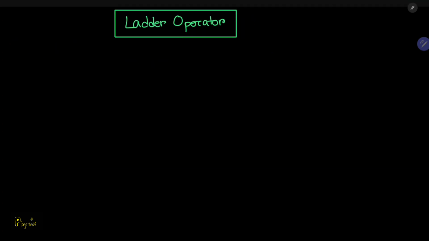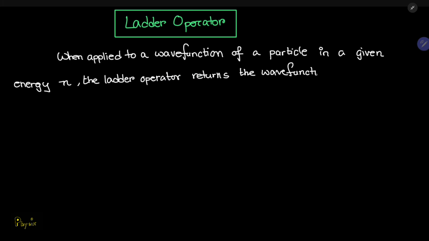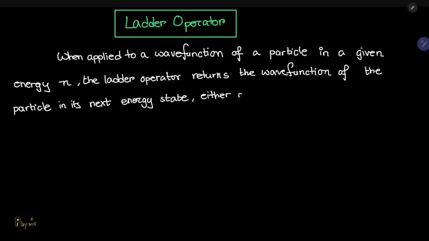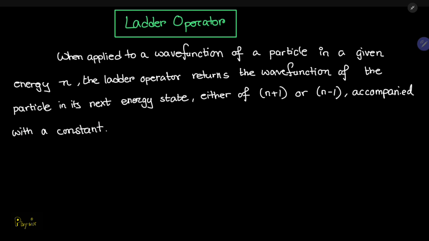So what are ladder operators? When applied to the wave function of a particle in any given energy state n, ladder operators return the wave function of the particle in its next energy state, either n plus 1 or n minus 1, accompanied by a constant. Mathematically, let's look at what happens.